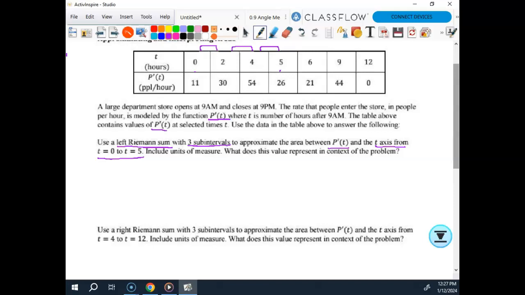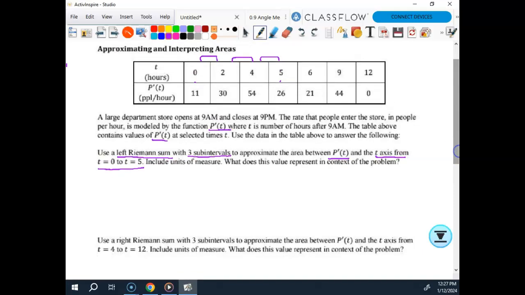Now, when we do this, when I go from 0 to 2, the width of this interval is 2, right? From 2 to 4, what's the width of that interval? 2. From 4 to 5, what's the width of that interval? 1. Okay? Now, if we're doing left-hand rectangles, in my first interval here, which number is the height? 11, right?